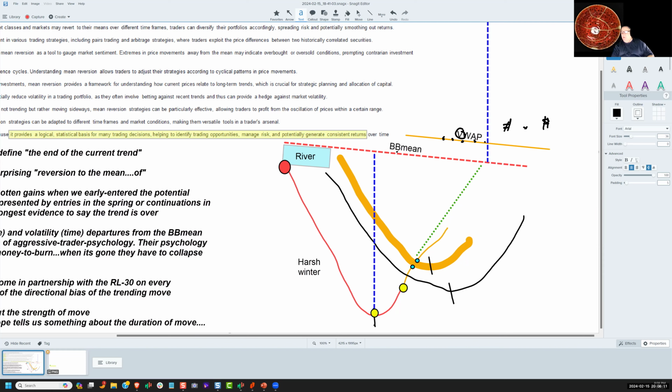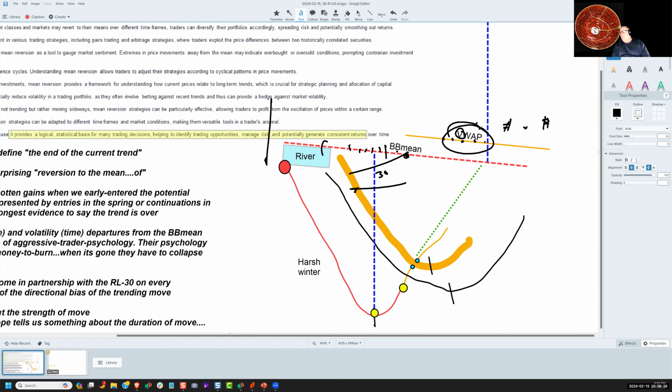Whereas the Bollinger Band mean is simply the last 30 bars, so it's only looking back 30. But the VWAP is constructed right from the open and takes into account all of the shares at all the prices they were traded at.